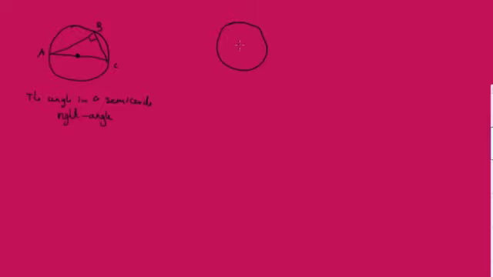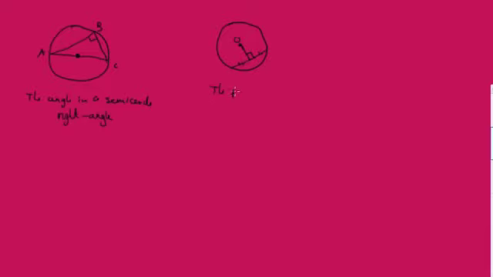Another one. Now we've got our centre, we're going to call it O, and we're going to draw a chord here. If you draw a line from the centre down to our chord, it's perpendicular, and these are the same length.